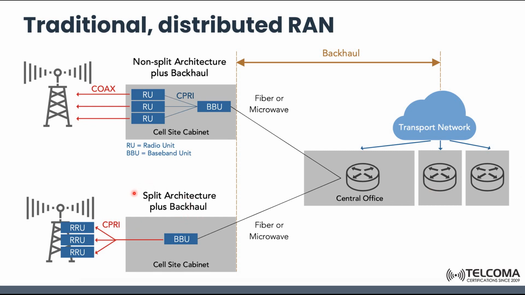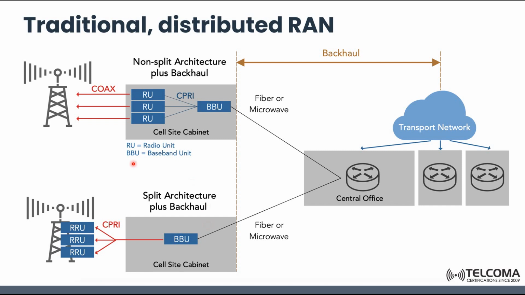Then we started implementing split architecture, where the baseband unit was at the cell site, which we can call a shelter, and remote radio units were at the antenna sites, and both were connected through CPRI cable. So what is the difference between those?